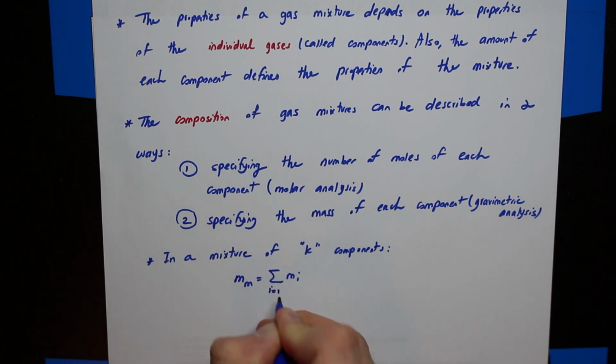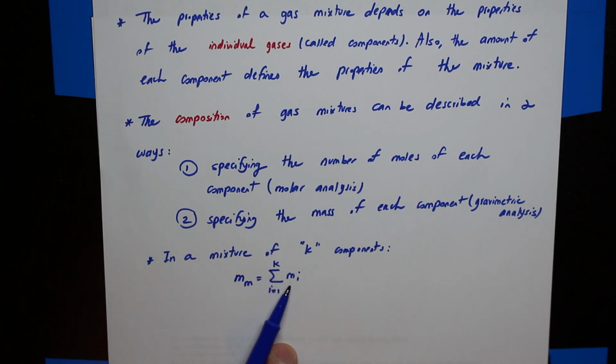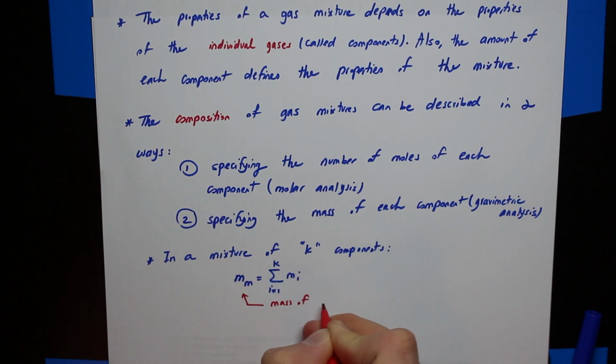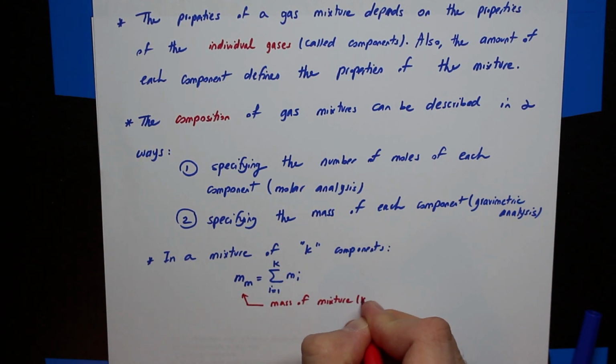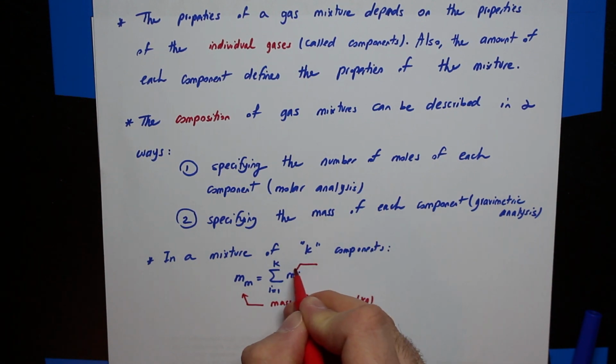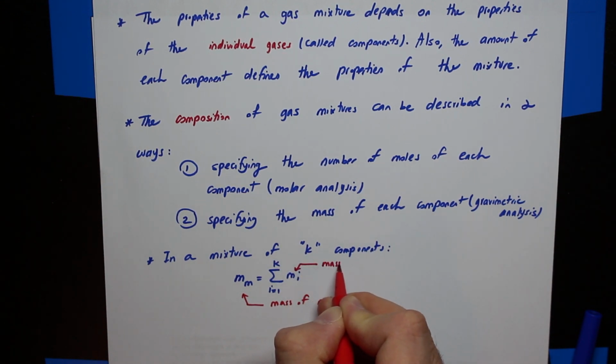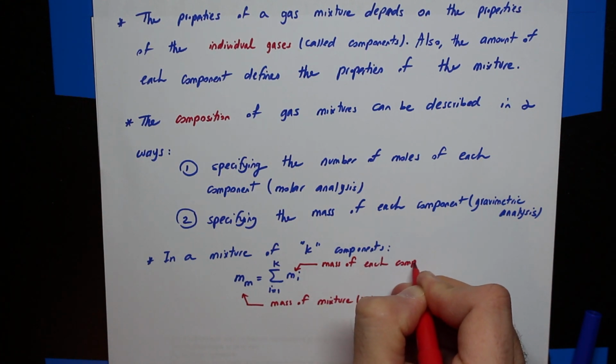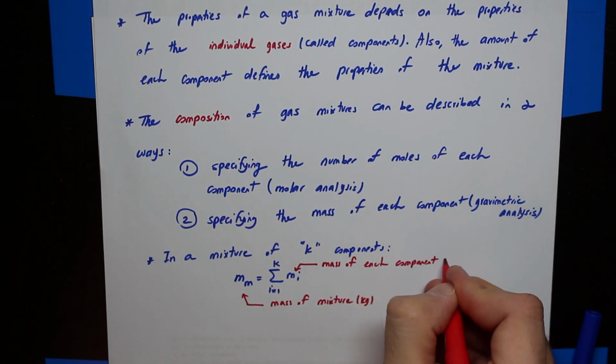So let's say we have k number of components. So m_m is the sum of m_i, with i starting from 1 to k. Okay, so this is the mass of mixture, for example in kilograms, and m_i is the mass of each component, again in kilograms.